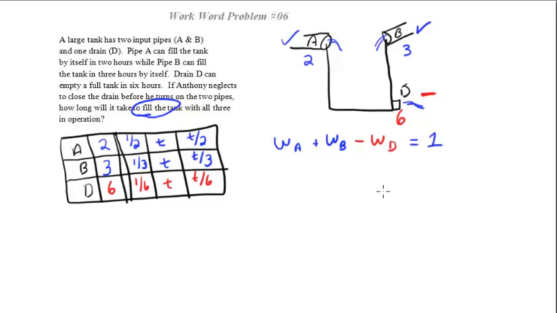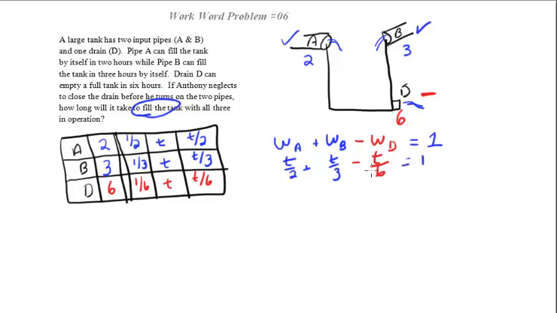Now we could end up with a negative number here, which would tell us that the drain empties so quickly that the pipes wouldn't overcome that, but we'll see what we get when we do our answer here. So the work for A is T over 2. The work for B is T over 3. The work for the drain, which is contrary to what we want, is T over 6. And that's going to equal, hopefully, 1 full tank.